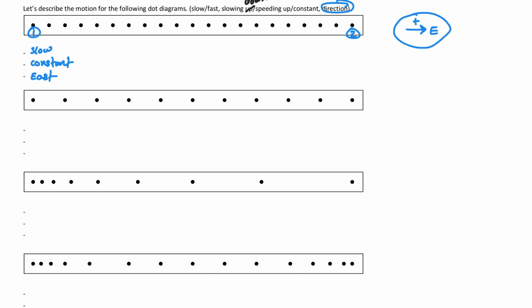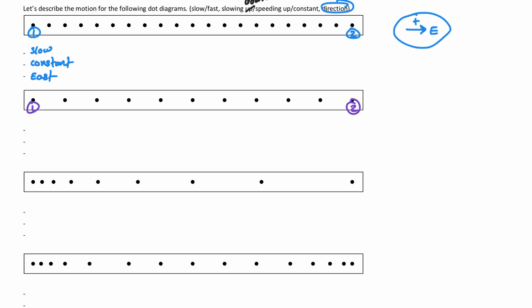On the second example here, we're going to make the same assumption, starting here or here. And in this case, the object is moving a little bit faster because now we can see that the spacing in every second has increased. So this person's initial punch was, let's say, here, and the next punch was here. So there's a larger distance traveled in every time interval.